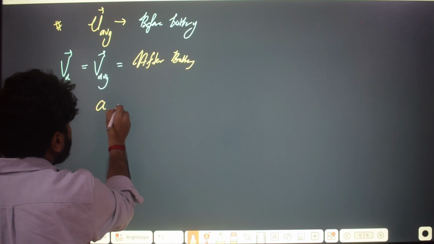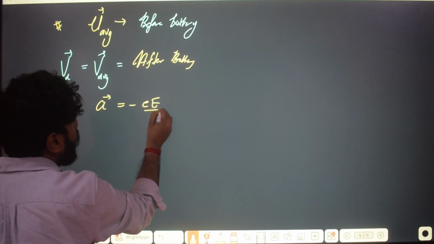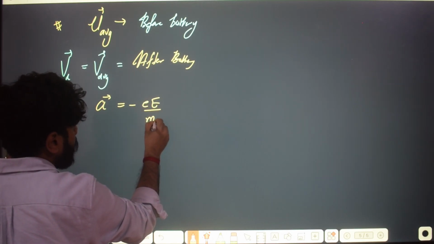And if you remember, acceleration is coming out to be a constant value. Why constant?